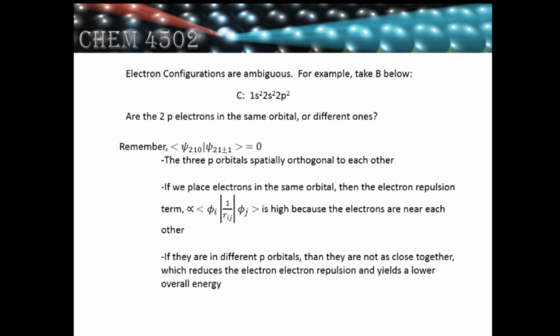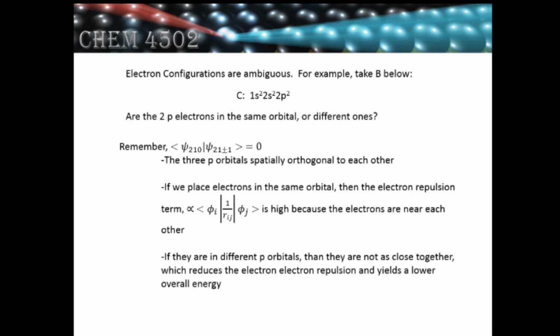And the reason comes back to thinking about the electron-electron repulsion term. Each of the 3 p orbitals are spatially orthogonal to each other. So if we place 2 electrons into the same p orbital, they're going to be nearby each other, and that will increase the electron-electron repulsion term.